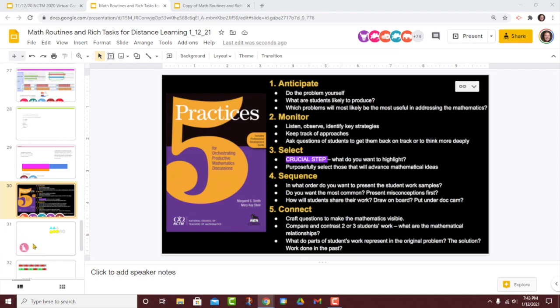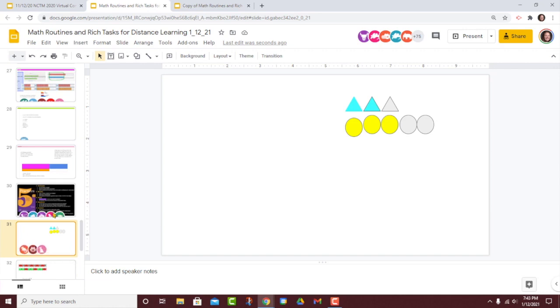I've selected a couple to look at, which we're going to do in a moment here. And I've sequenced them very purposefully to try and draw out misconceptions at the same time as bringing the mathematics to the center. And then we're going to finish off by making some connections. So without further ado, come on down to slide 31, or you can just watch on Collaborate, either one.